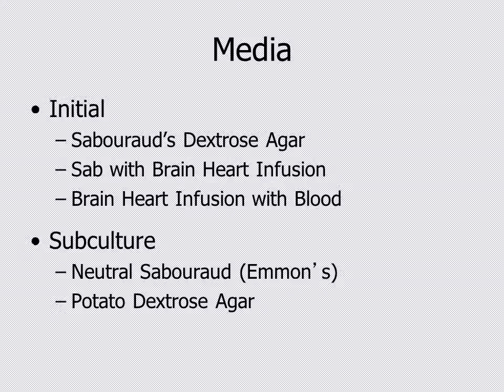As we're going to learn, most of the rapid growers are not particularly pathogenic, and the pathogenic fungi are often much slower growing. So sometimes we actually have an antifungal element in a fungal media to cut down on the rapid growers to give the slow growers an opportunity to grow up for us.